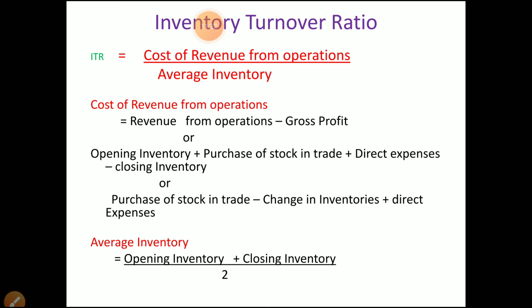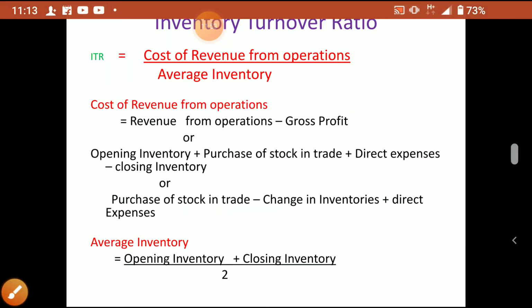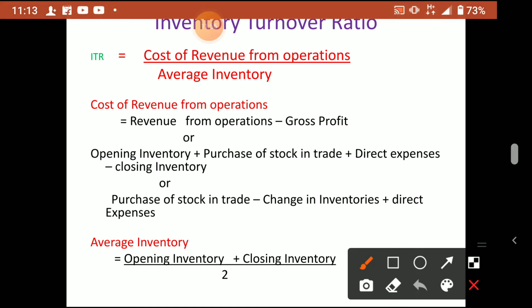Inventory turnover ratio indicates how fast the inventory is converting into cash. The equation is cost of revenue from operations divided by average inventory.